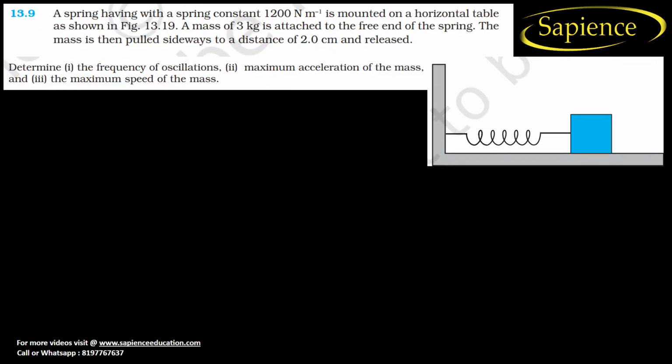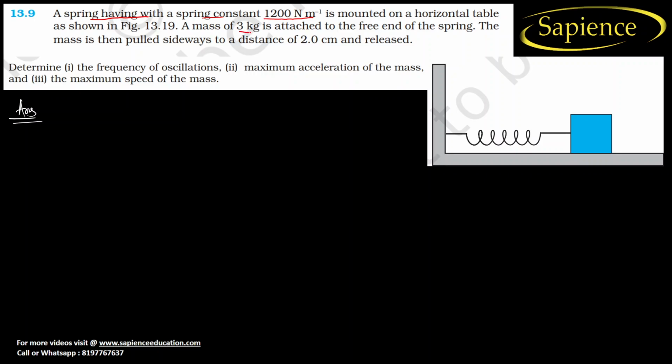Now let us go for question number 13.9. So, question number 13.9: a spring with a spring constant of 1200 Newton per meter is mounted on a horizontal table.